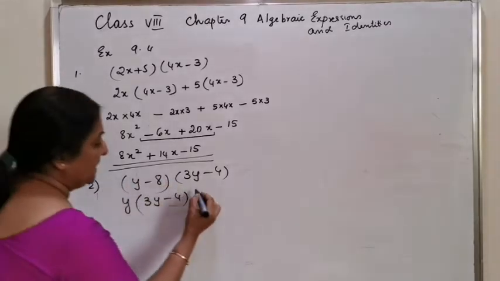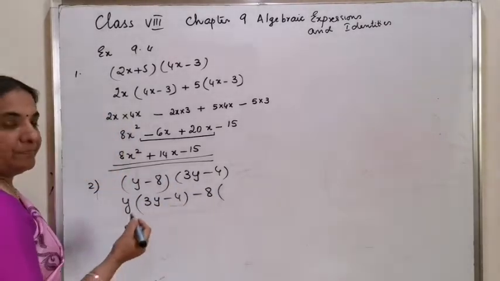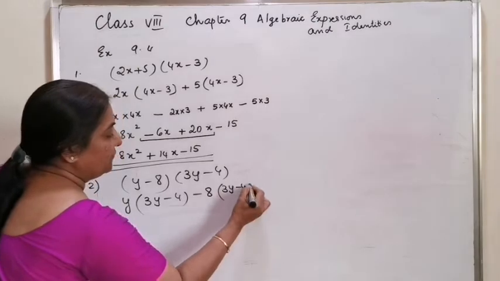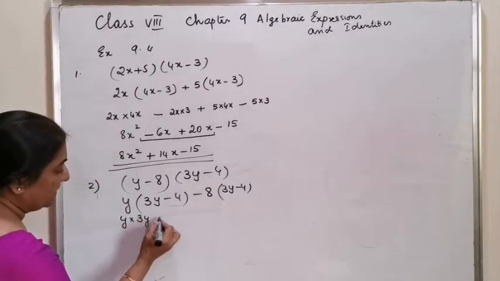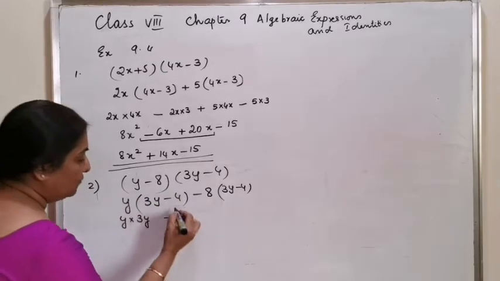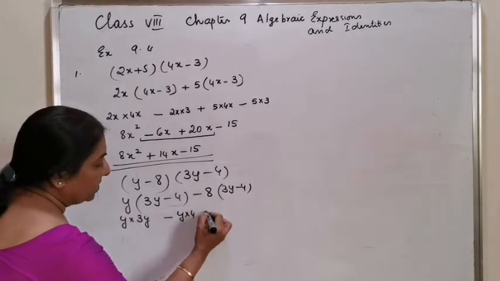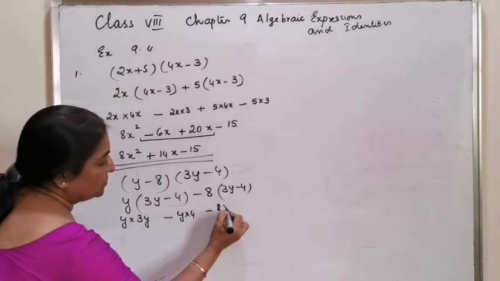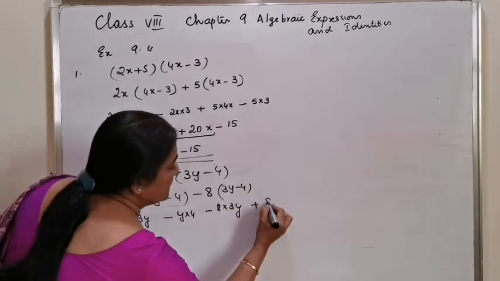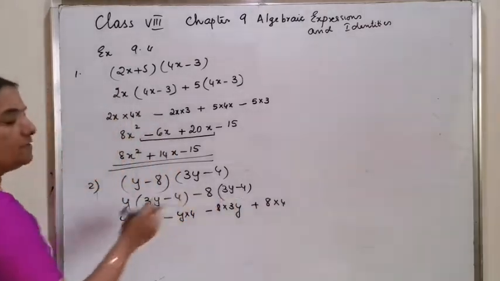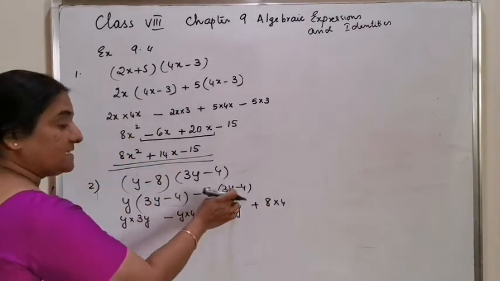The same sign, as minus 8 into 3y minus 4. Y into 3y, minus y into 4, minus 8 into 3y, minus into minus is plus 8 into 4. Here you have to be careful with the sign.